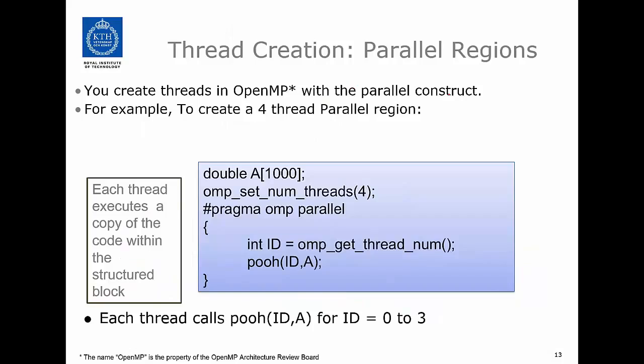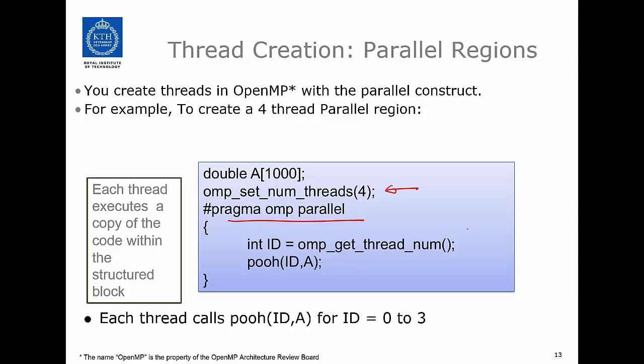Okay, so there is only one way to create threads in OpenMP, and that's with the parallel construct, pragma omp parallel. To create a 4-thread parallel region, you can specify with a library call, omp_set_num_threads(4), that the next parallel region will have 4 threads.